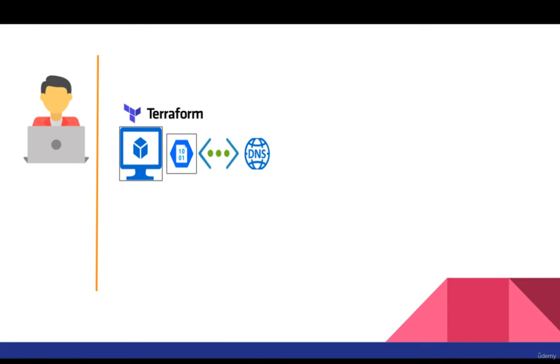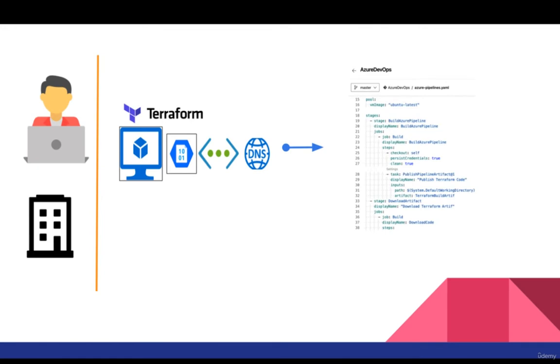Our requirement was pretty much the same. You as a DevOps engineer were asked to create a YAML for all of your Terraform code for Azure infrastructure. You understood what you needed to build for an organization, and you then created a YAML pipeline on Azure DevOps integrated with your repository, and you copy pasted the YAML snippet from your release, if you remember, and then pasted onto your Azure DevOps YAML file, and then you got started.